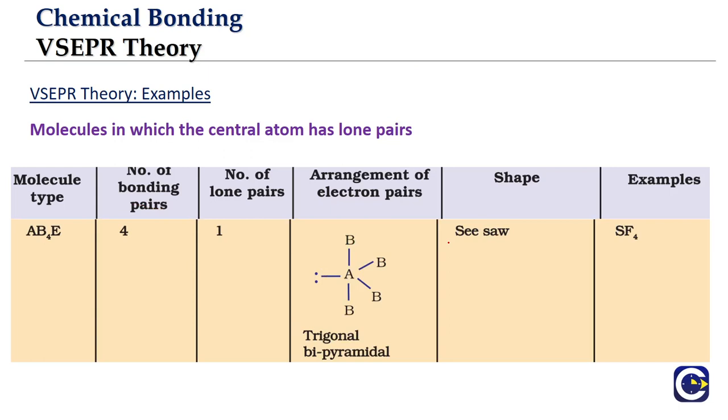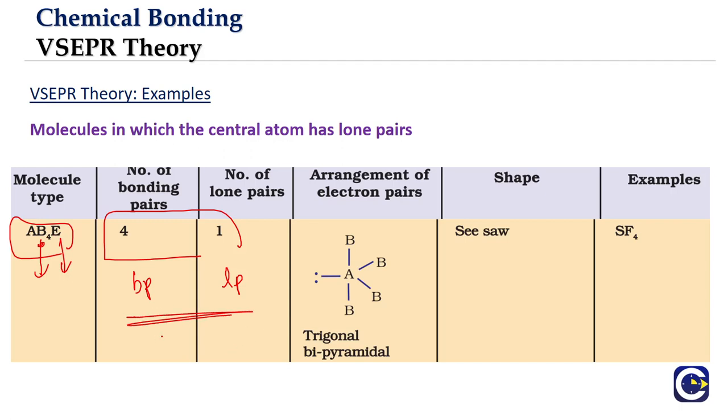Next we look at the case where we have 5 valence shell electron pairs. In that, 4 will be bond pairs and 1 is a lone pair. So what will be the type of molecule? We can write it as AB4E. So 4 atoms of B bonded correspond to bond pairs, and 1 will be the lone pair. 5 means what arrangement?